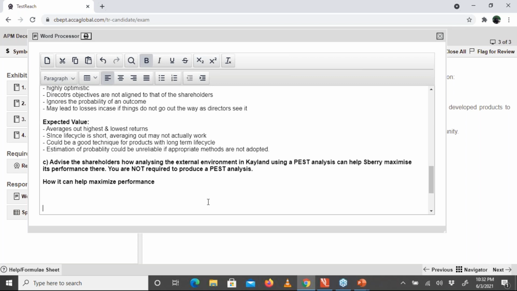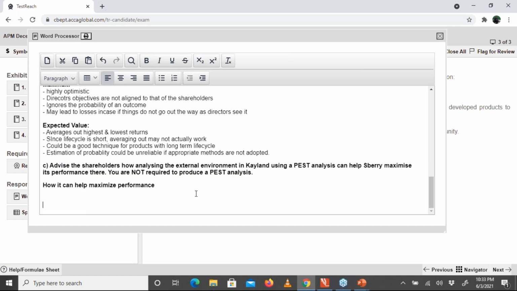So you could say that the PEST analysis is a method through which external environment considerations are incorporated in the decision making.